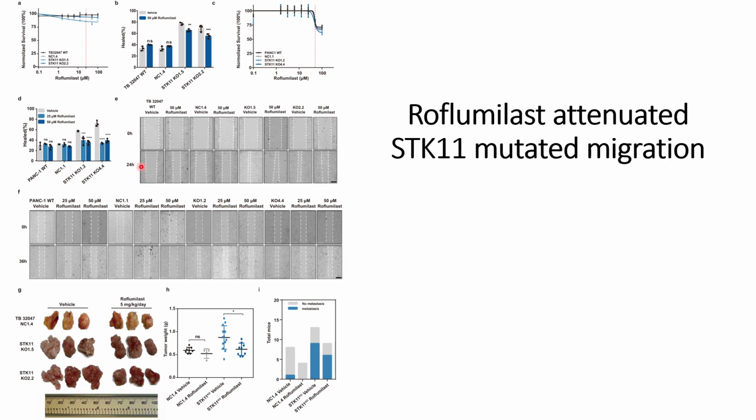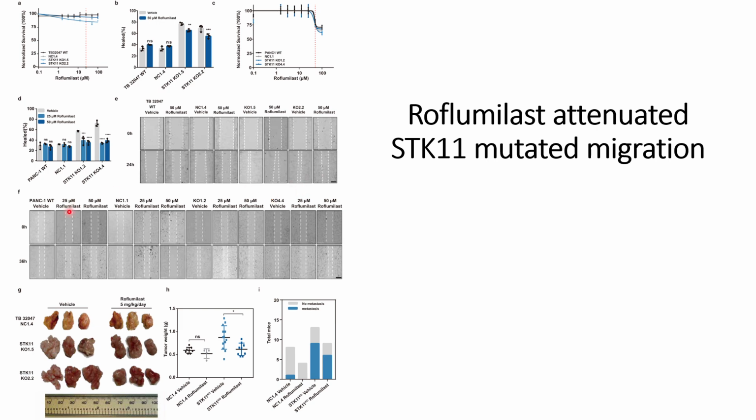And when they did the scratch wound assay, similar results are reflected there also. For TB32047, when Roflumilast is used, the percentage of healing is similar to the control case, whereas for the knockout the difference is visible: when the STK11 knockout is used, the migration is more, and when Roflumilast is used for the STK11 knockout, the migration is reduced. The same thing they observed for the other samples.